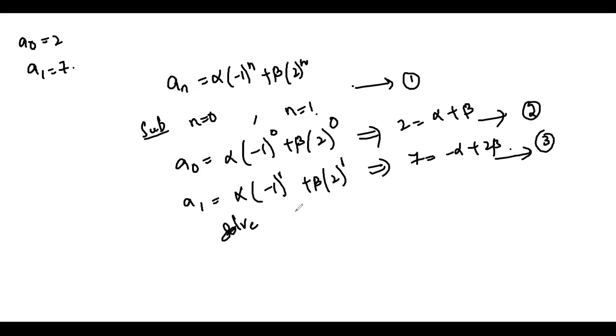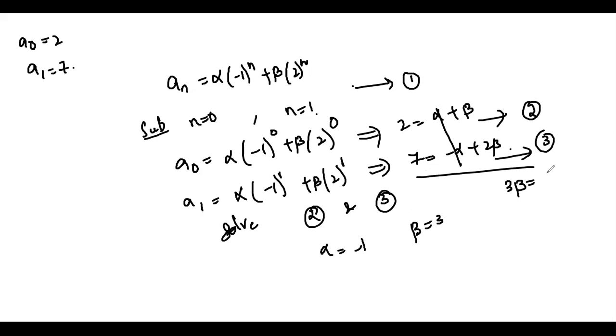Solve equations 2 and 3 to find the values of alpha and beta. Alpha and minus alpha will get cancelled, so 3 beta is equal to 9, so beta will be equal to 3. We can substitute in this equation and we will get alpha is equal to minus 1.